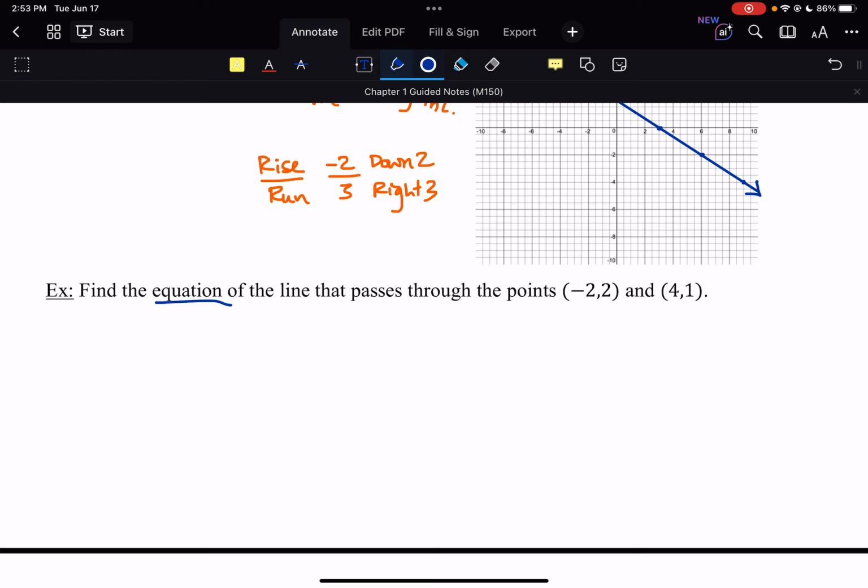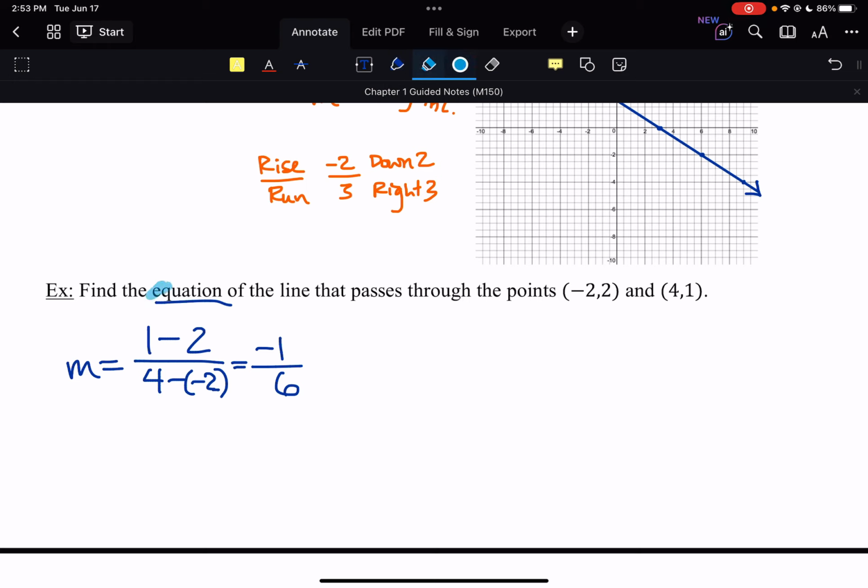Now, the first thing we're going to find is the slope. So to do this, we're going to take y2 minus y1 over x2 minus x1, right? So that's 1 minus 2 over 4 minus -2. So that's -1 over 6.